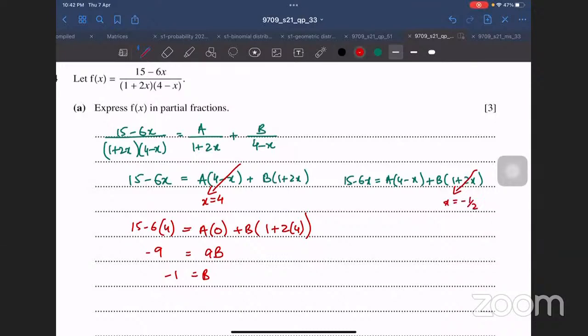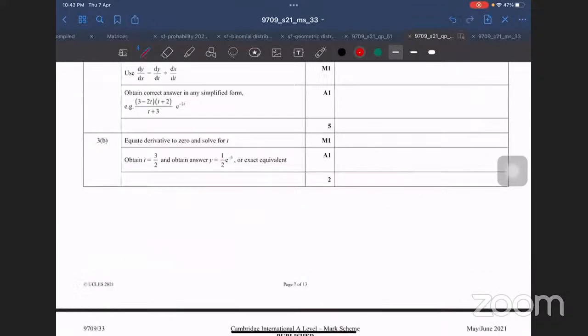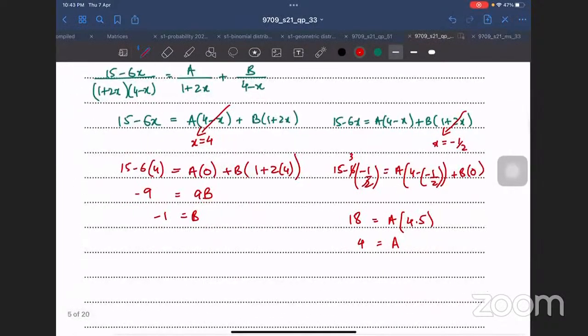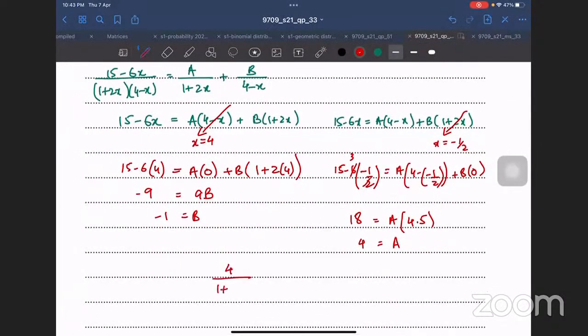That is going to equate this back to 0. So I get 15 minus 6 into -1/2, a into 4 minus -1/2, and this gives me a equals 4. Let me check, and b equals -1. So my expressions are 4 over 1 plus 2x minus 1 over 4 minus x.